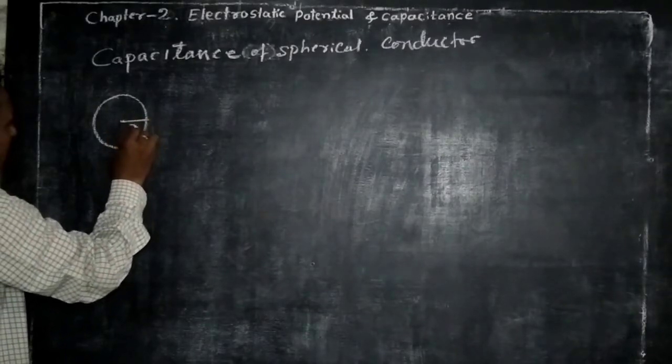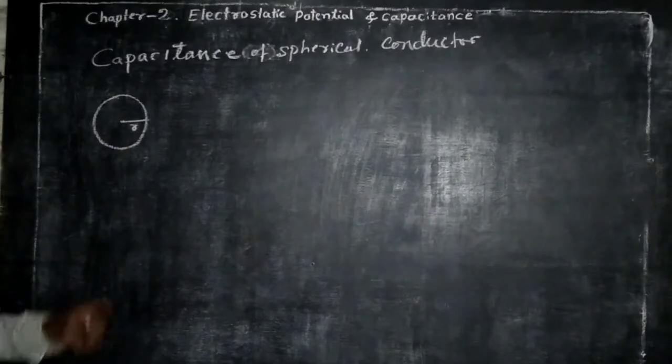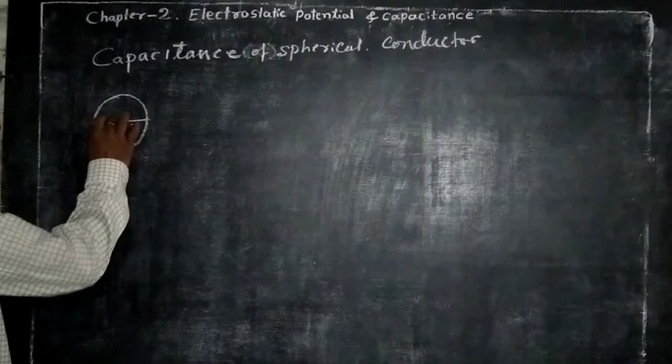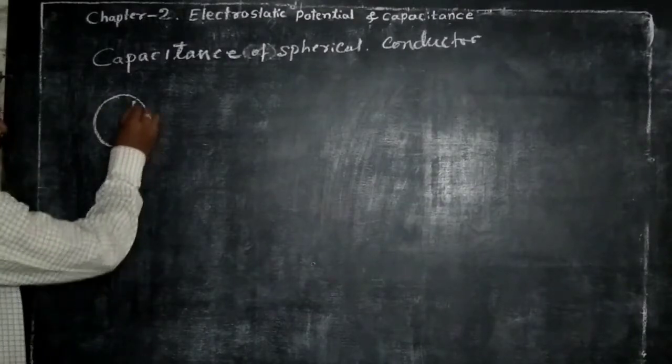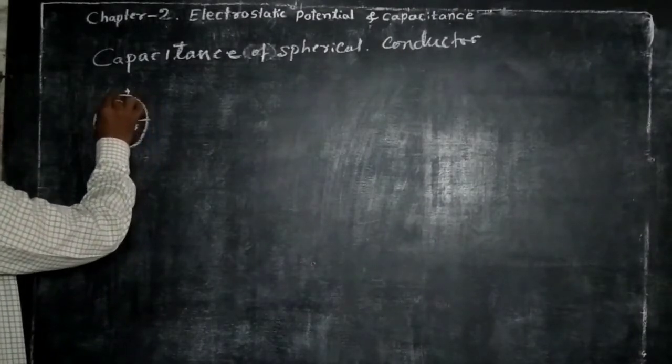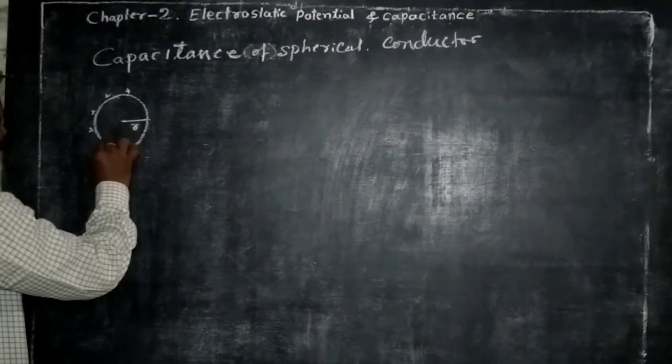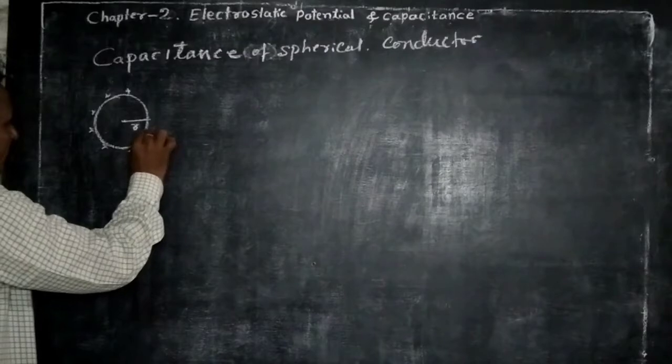Let r be the radius of the conductor. When a charge plus q is given to this conductor, it is uniformly distributed on the outer surface of the conductor.